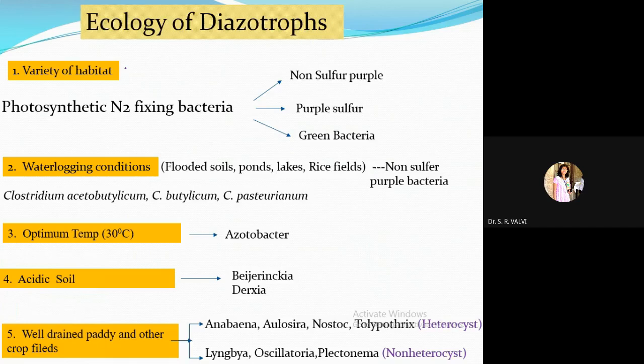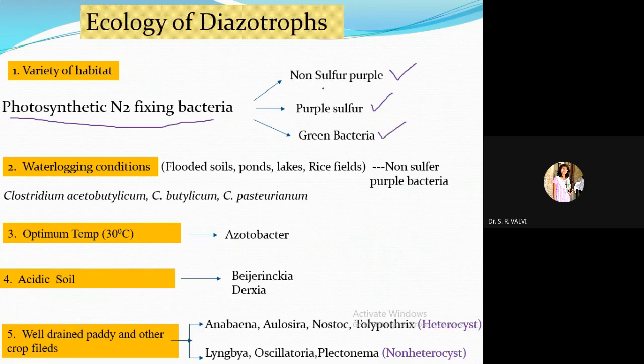So which kind of diazotrophs? Here I have mentioned photosynthetic nitrogen fixing bacteria. These are the bacteria which survive in any kind of habitat, and they are divided into three types. The first type is non-sulfur purple, the second is purple sulfur bacteria, and the third type is green bacteria.